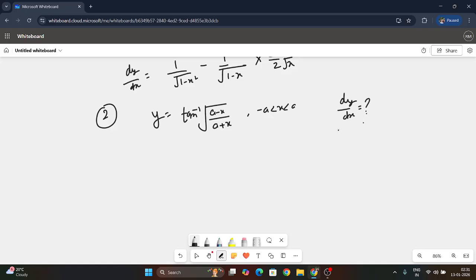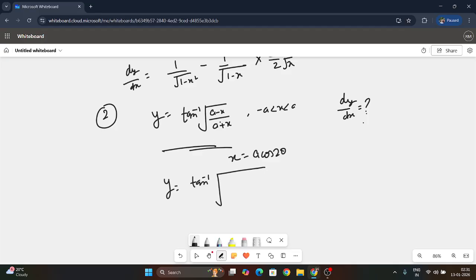What you can do in this question, as I told you earlier, is use the substitution, and those substitutions are going to be more effective here. You can use x is equal to a cos theta or a cos 2 theta. It's your choice. So let's use the substitution x is equal to a cos 2 theta, and y is equal to tan inverse.